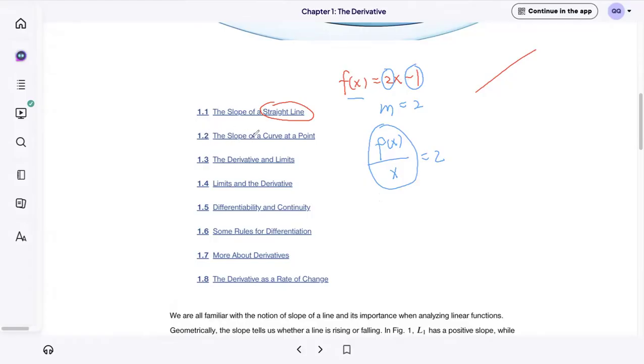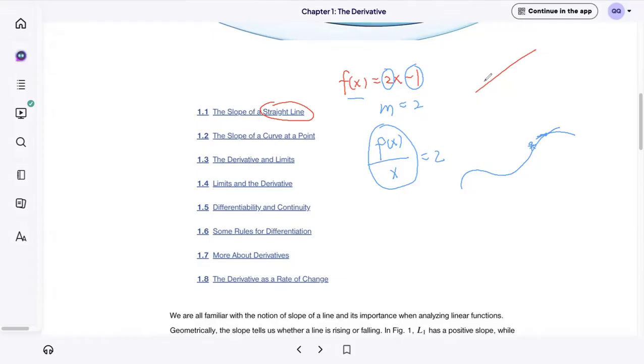Then section 2, we talk about the slope of a curve at a point, right? Let's say we have some function like this. Maybe we want to talk about what's the rate of change. If we imagine a person walking on this path, what's the speed of this person walking at this point, at any point?